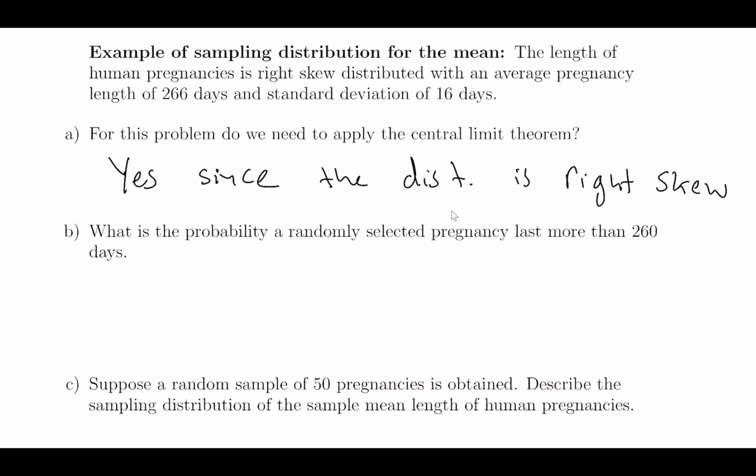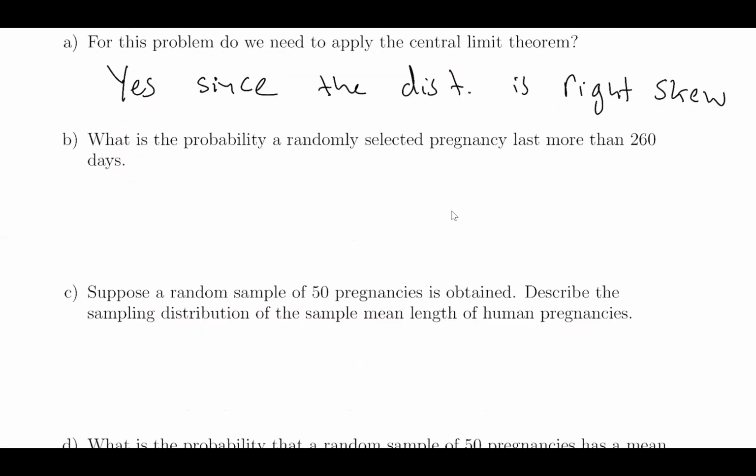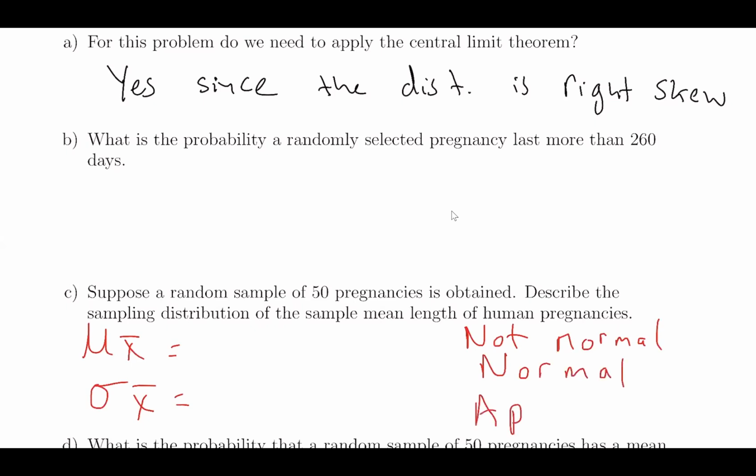All right, so let's do C. For C, what we want to do is find mu of x bar and sigma of x bar, and say if it's non-normal or if this is approximately normal.